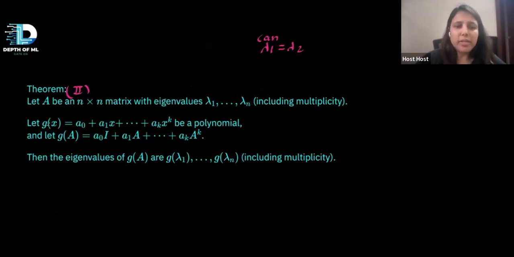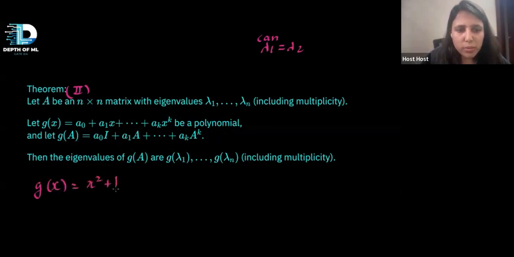What they're saying is, if I have a polynomial g of x of degree k, and I apply that same polynomial to my matrix A, then what happens? Suppose I had a polynomial g of x equals x square plus 1. I am applying the same polynomial to A, which is A square plus 1.